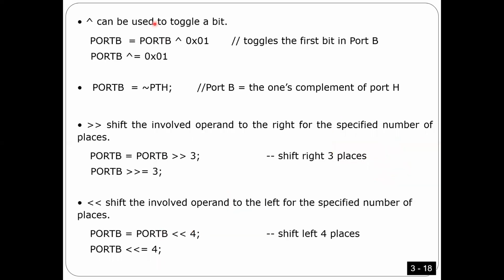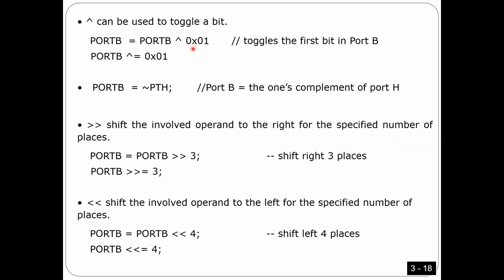Okay, same thing here, guys. I'm going to explain. This operator means XOR, and as I told you, XOR is used if you want to toggle or flip some bits. So if I do something like that, guys, PORTB is equal to PORTB XOR 0x01.